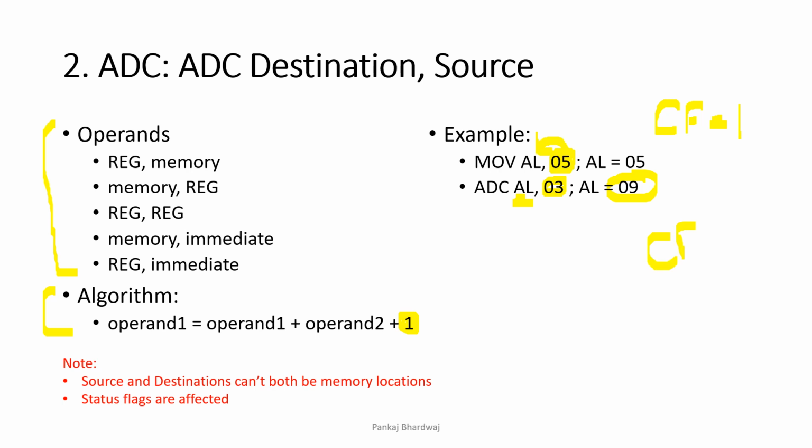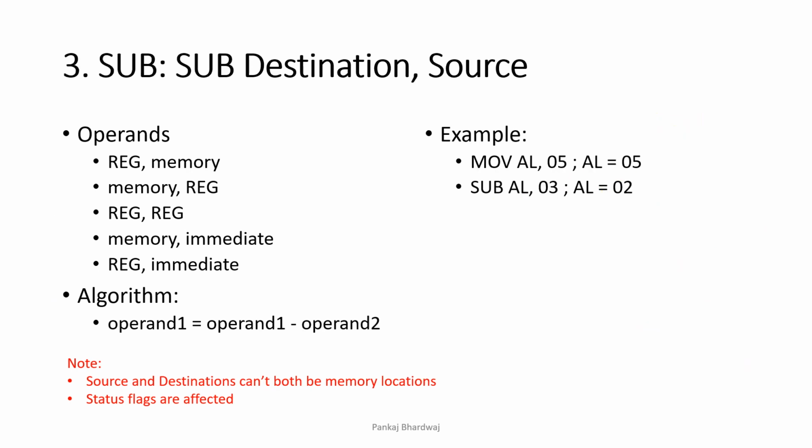If the carry flag is 0, then this is 5 plus 3 plus 0, so the answer will be 08. But if the carry flag is set, the answer is 9. So this 1 is added if the carry flag is 1, otherwise it is not added.